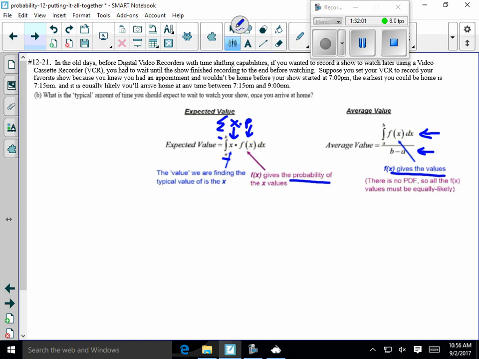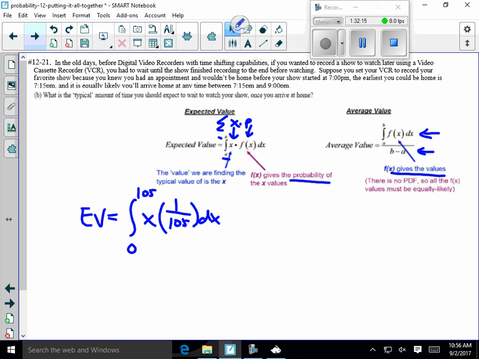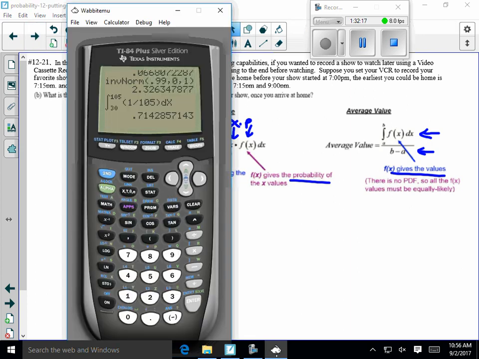So we're going to use the expected value formula here. The expected value formula would be an integral over all possible wait times, 0 to 105, of an x times the probability density function, which is 1 over 105 dx. And we can plug that in a calculator, math 9.